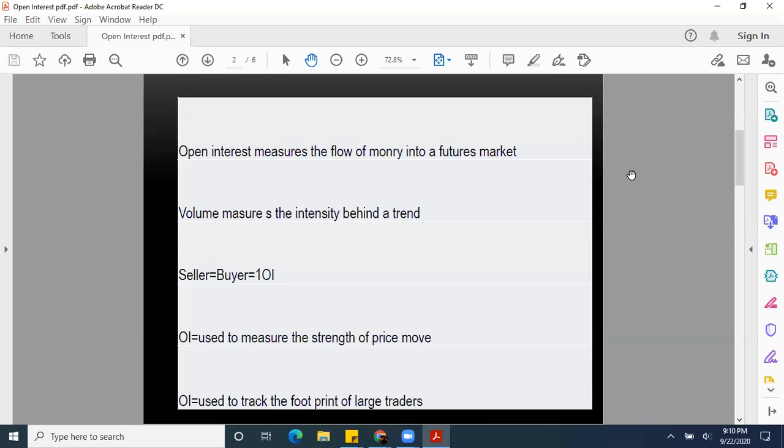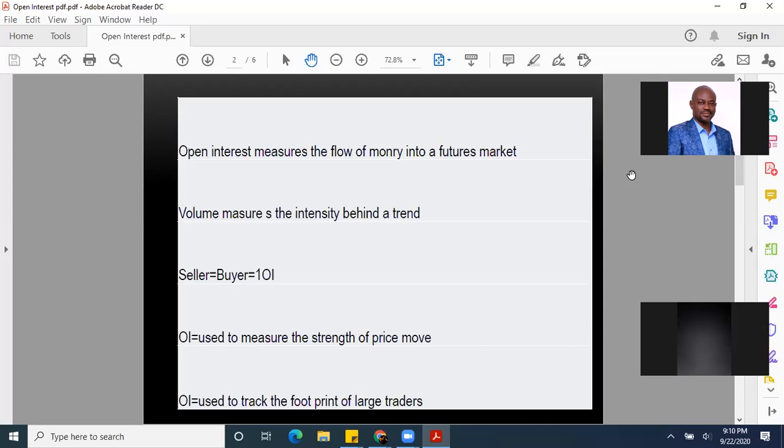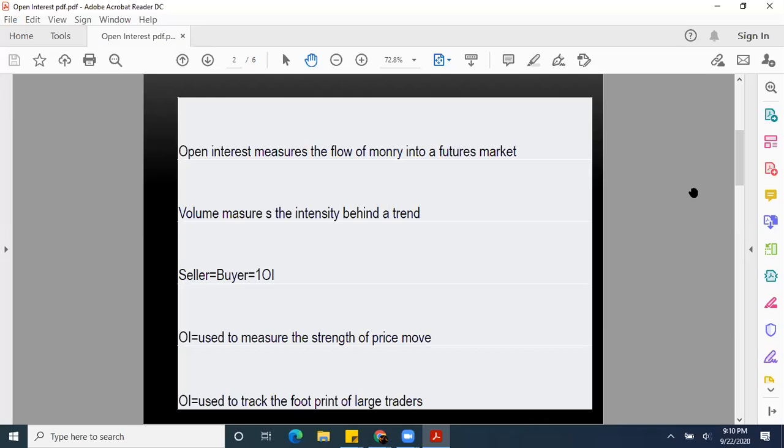Some people confuse open interest with volume. Volume measures the intensity behind a trend, whereas open interest is used to measure the strength of price movement, and it's also used to track the footprint of large traders. And when we say we are institutional traders, even though we are retail traders, what we try to do is give ourselves this, permit me to use the word, false feeling like we can actually read what the big banks are doing, and we're trying to flow along with them, right?